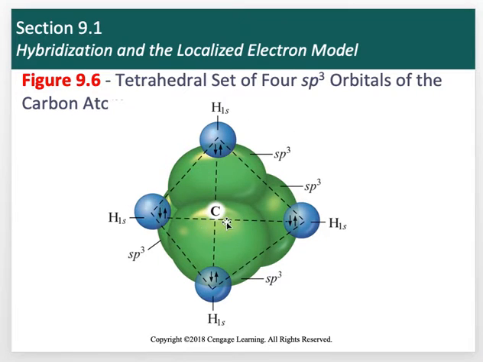The carbon had 4 valence shell electrons, and those existed in the 2s and in the 2p. Those 2s and 2p's hybridized into 4 identical sp3 orbitals. And each one of those sp3 orbitals will make a bond with one of the hydrogen atoms, the s from the hydrogen atoms. And that's how we get our CH4.